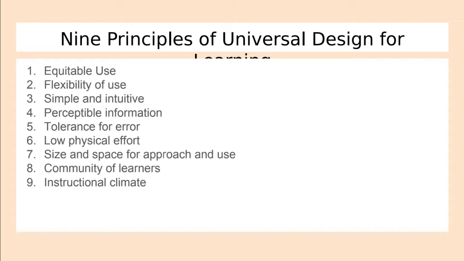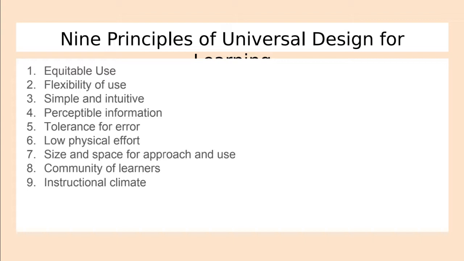Number 3 is simple and intuitive, that your design is easy to understand regardless of your learner's experience, knowledge, language skills. The fourth principle is perceptible information. Here in this example would be a video presentation projected in a course that includes captions, transcripts.